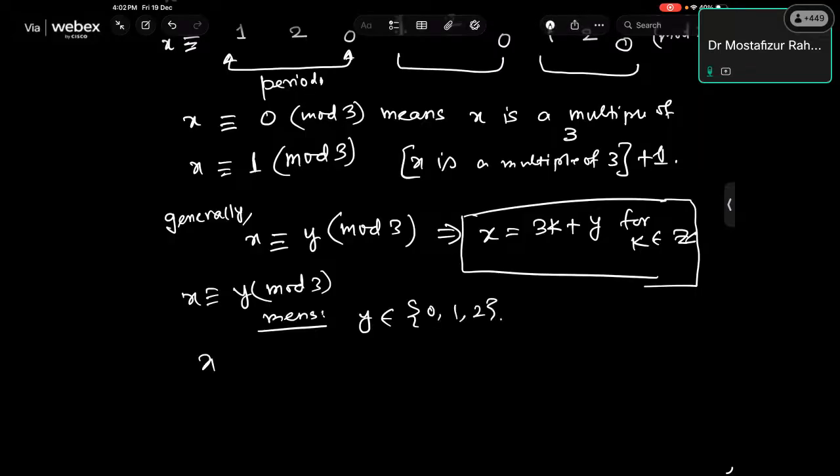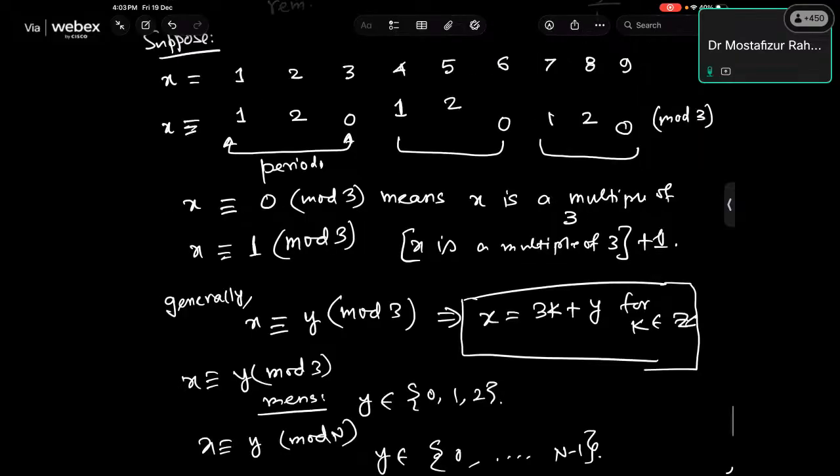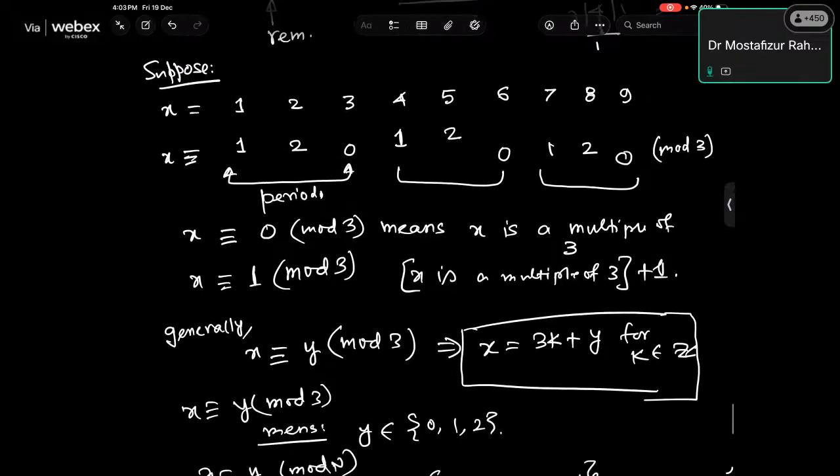And if I write x equivalent to y modulo n, that means y can be 0 up to n minus 1. So this is just how we do the modular arithmetic.